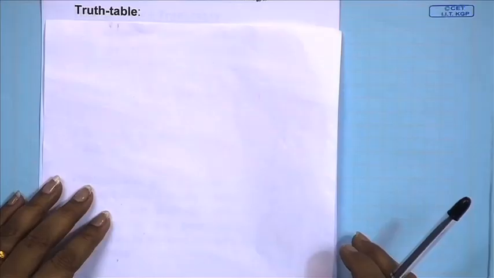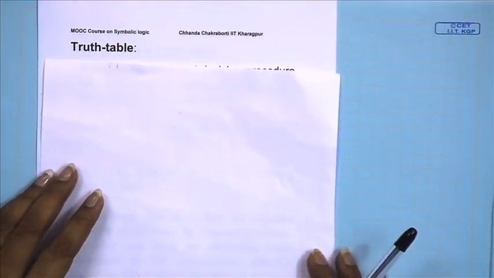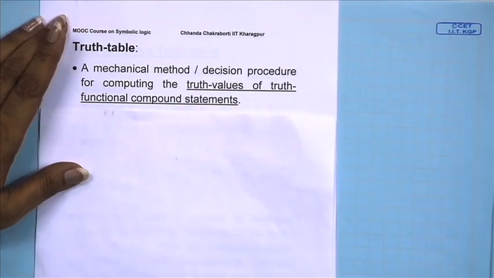So, one of the ways to assign the meaning to the compound proposition, as I said, is truth tables. And so, our next stop is to learn what truth tables are and how to construct a truth table. That is the goal of this module specifically. Truth tables are actually a mechanical method.